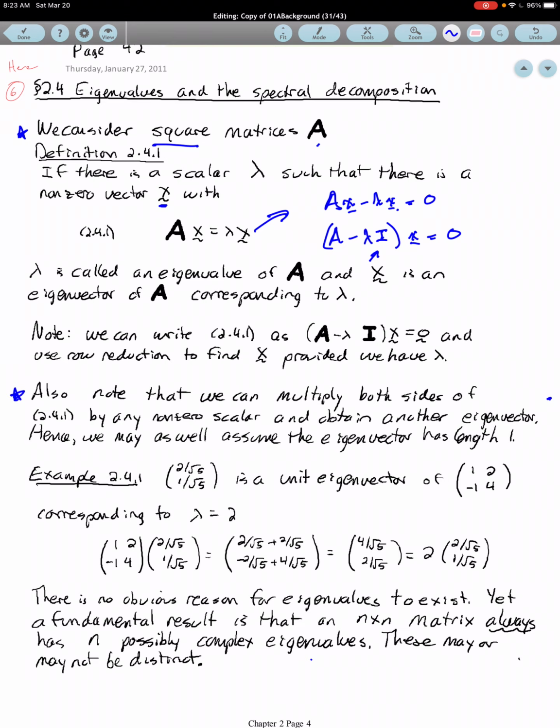One other thing that is said here is, also note that we can multiply both sides of 2.4.1 by any non-zero scalar and obtain another eigenvector. So if we have a particular eigenvector and I multiply the left side by 2, of course that would double the size of x.